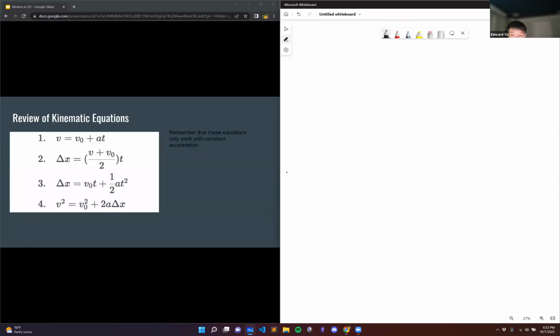Okay, so now I'll give a review of the kinematic equations that you probably learned in week 1 of this club. The first kinematic equation is that the final velocity is equal to the initial velocity plus at, with a being constant. The second one is the change in x, which is x final minus x initial, or delta x, equal to final velocity plus initial velocity divided by 2, times the time.